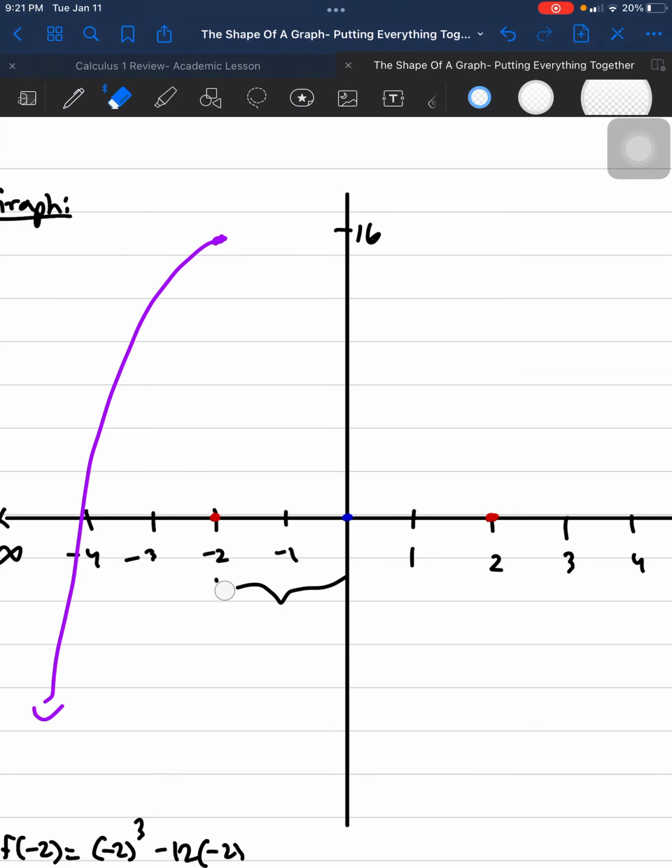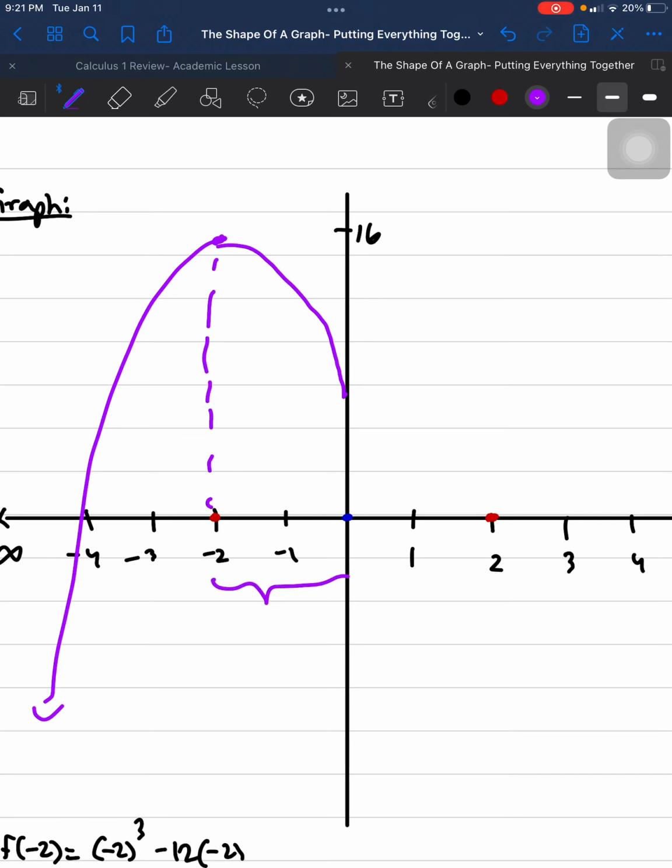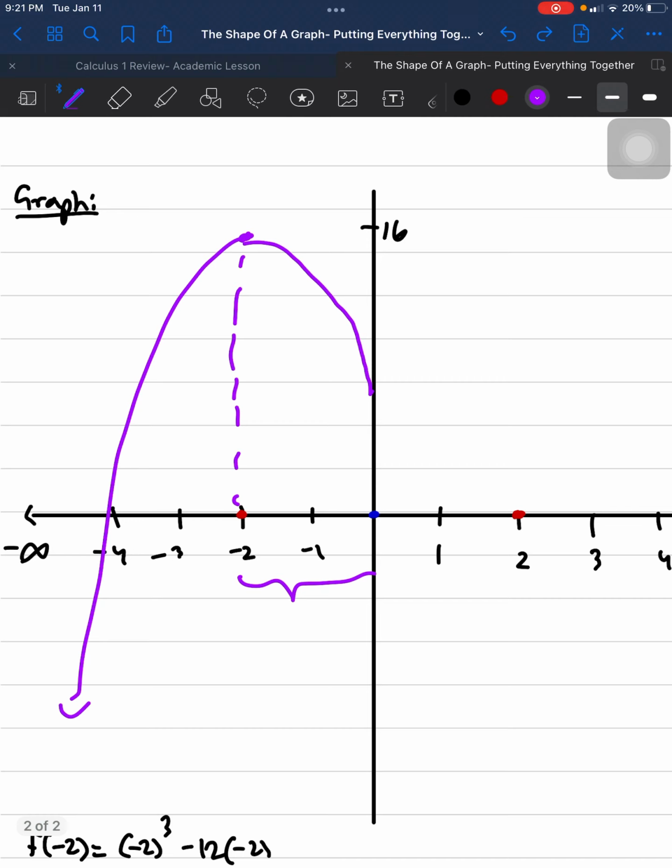So the function is going to look something like this. You see how in between -2 and 0, the function is decreasing. However, in between -infinity and -2, the function is increasing, but it's still concave down.